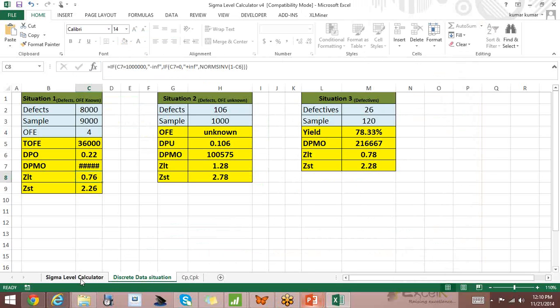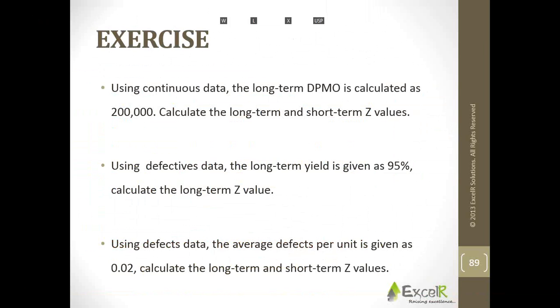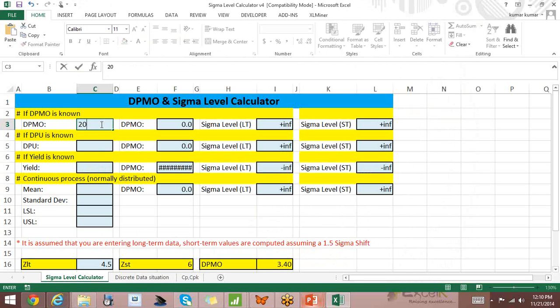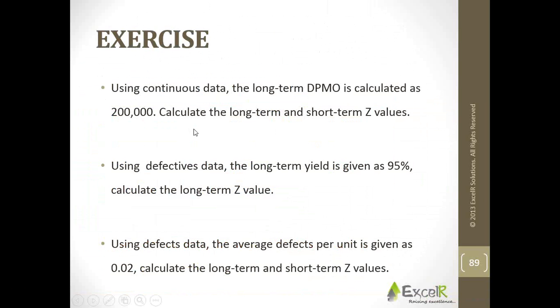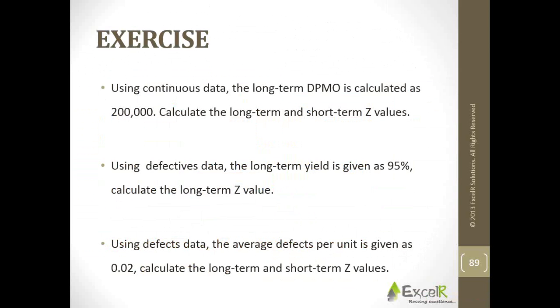What is a DPMO? 200,000. If I just insert that, I'm getting the sigma long term and short term. The first one, long term, is 0.84, and the short term is 2.34.